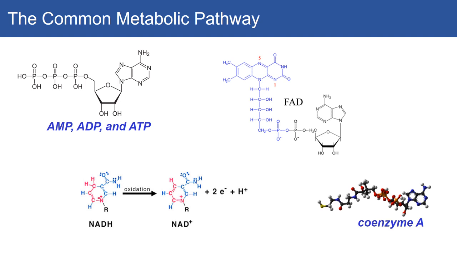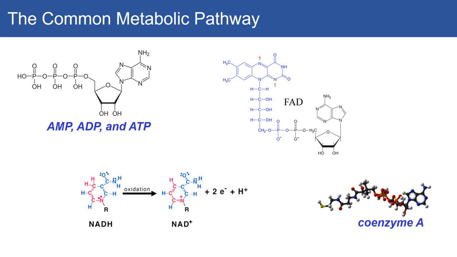NAD plus is also in this. It does a very similar thing. Through oxidation of NADH to NAD plus, we generate 2 electrons and 2 hydrogen. They're mainly electron carriers, but they also generate hydrogen. Those hydrogen can be used to generate ATP, as can the electrons.